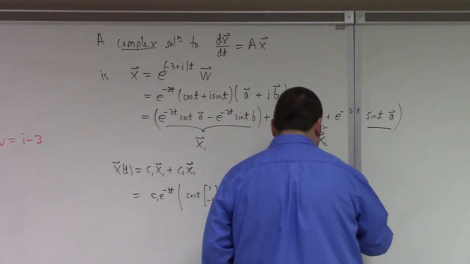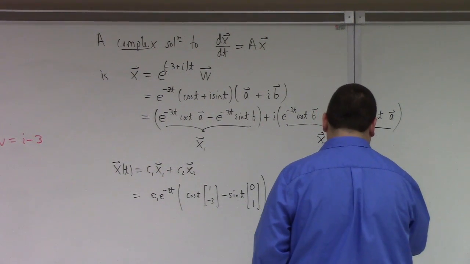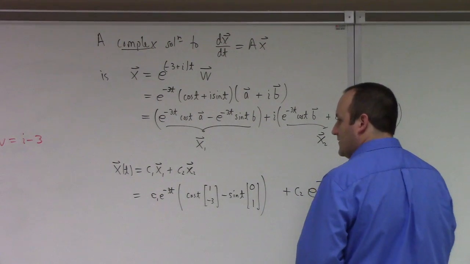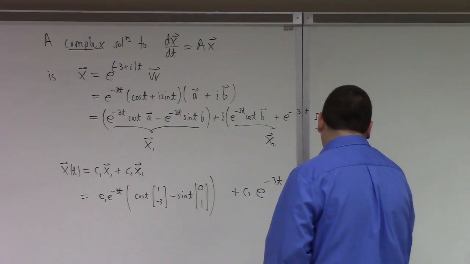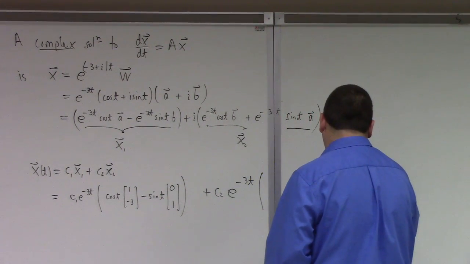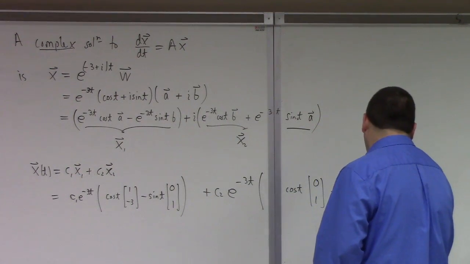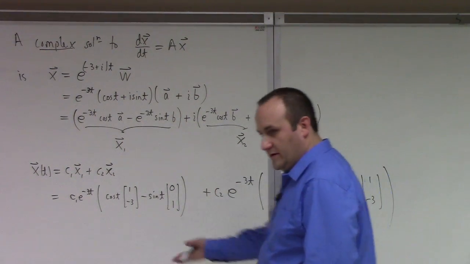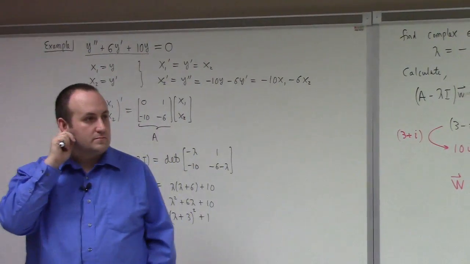I just factor that out because it's everywhere. See here, cosine t, see here b, 0, 1, plus sine t, see what we got, 1, minus 3. There you go. That's actually the honest-to-goodness solution to this system of differential equations.